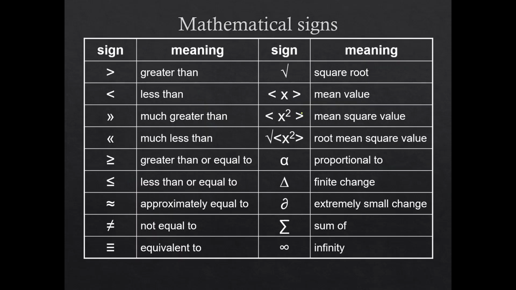Then we have some mathematical symbols. We have this is greater than, we know that, less than, we have much, much greater than, then much, much less than, then this is greater than or equal to, less than or equal to, approximately equal to, not equal to. This is an equivalence symbol. We have the square root, we have the mean value. Sometimes we use this as the mean value, or we can use it as x bar.